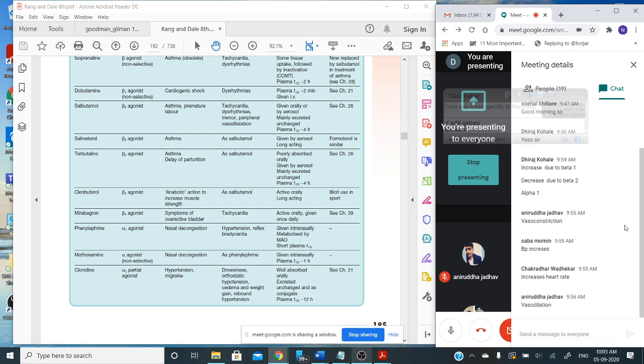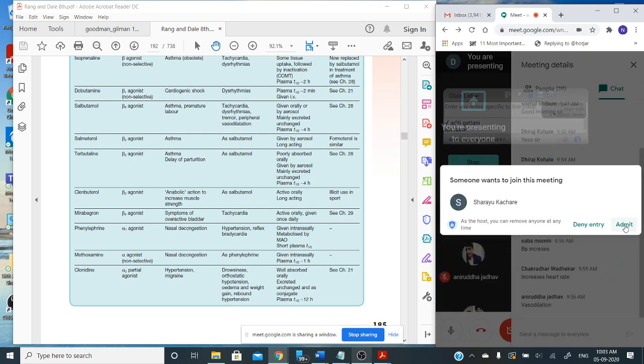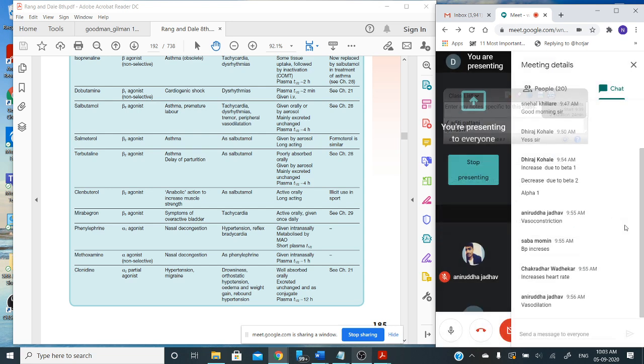Whatever free neurotransmitter is available there will be metabolized by the enzyme monoamine oxidase. So if we inhibit monoamine oxidase, immediately we shall see an action called reserpine reversal, which is opposite to reserpine.